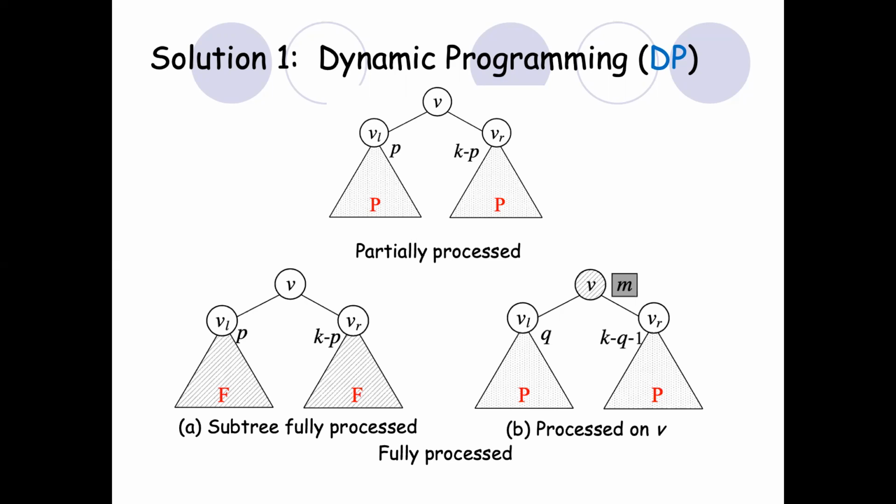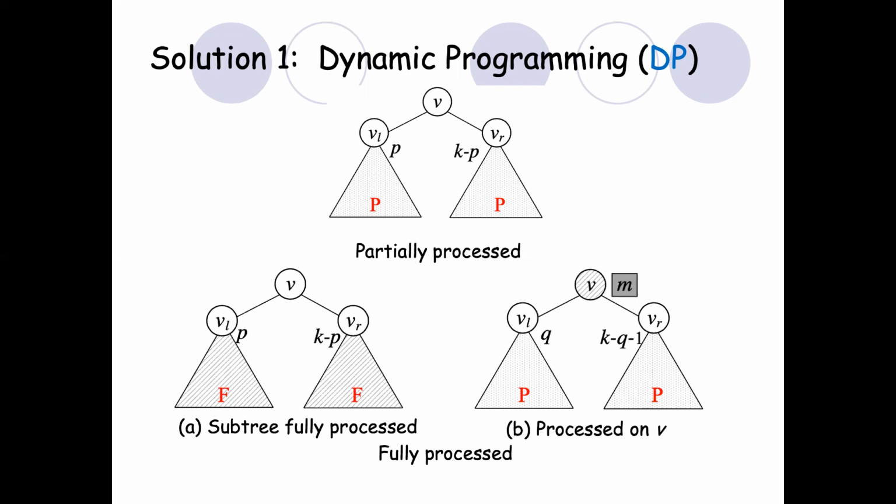And if the left subtree deploys P middle boxes, then the right one deploys the remaining K minus P middle boxes. In figure B, its two subtrees are partially served. So if we want all the flows served, we need to deploy one middle box on the vertex V to make sure all flows get processed in the subtree.